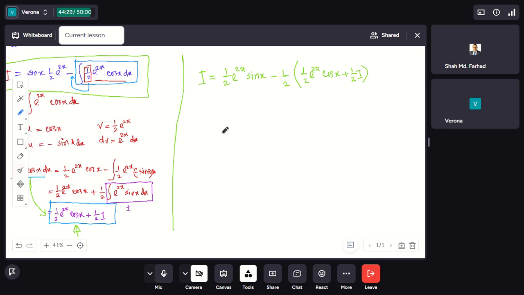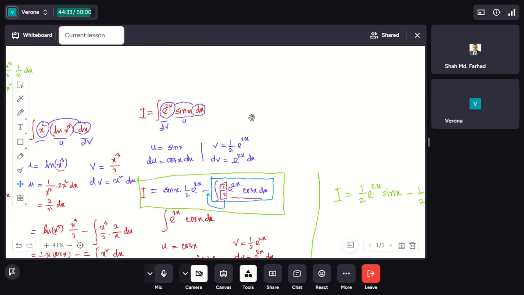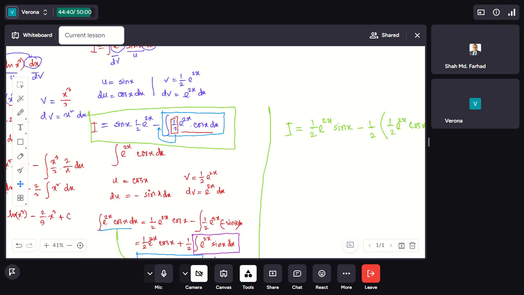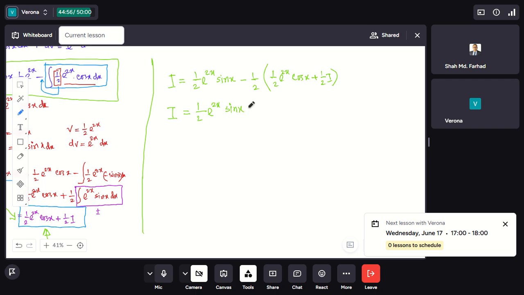Okay, now let the value of this integral be I, right? So from here we have to find the value of I. Now if we simplify this, then we will have 1 over 2 e power 2x sine x.